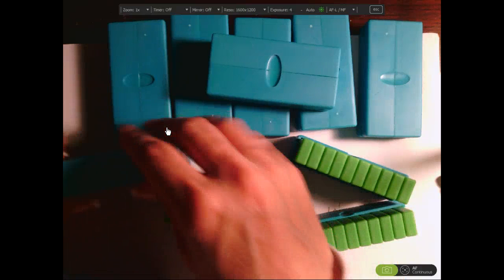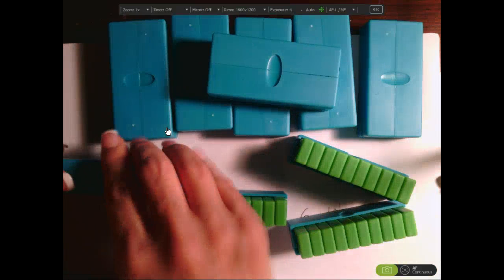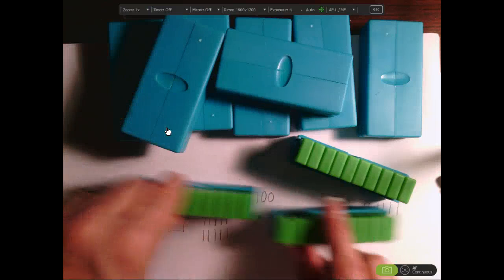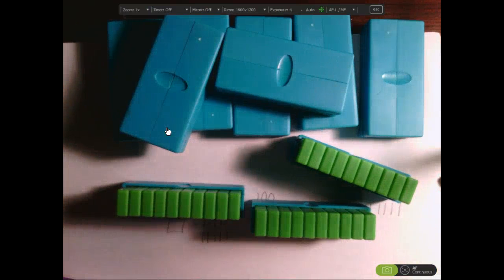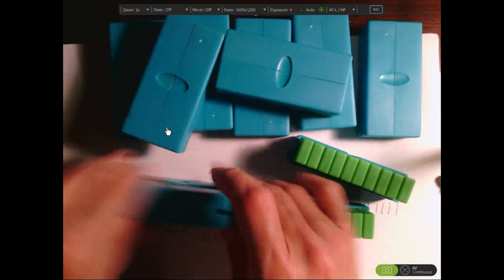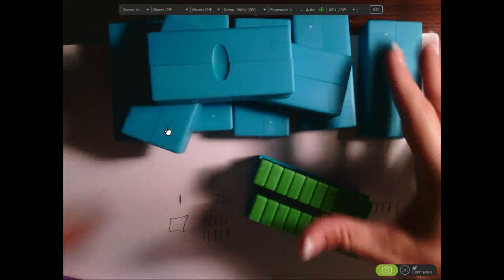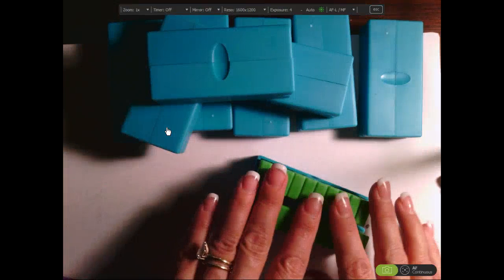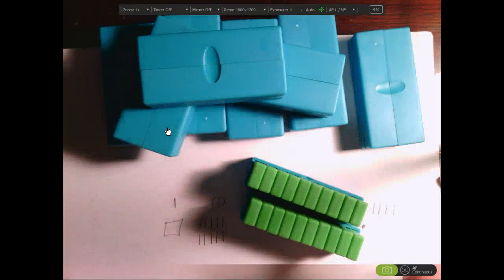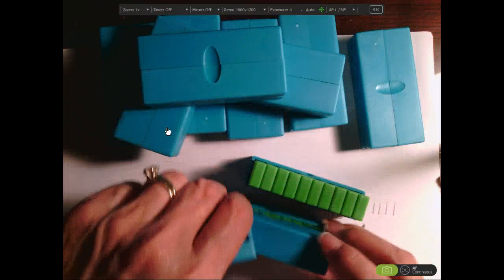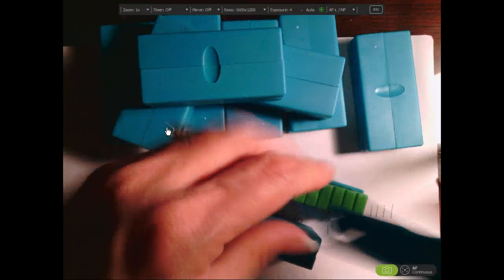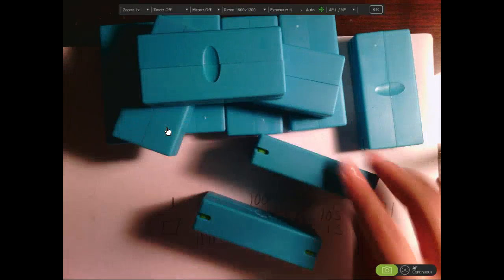But I could continue to change this. I could have more 1s, I could have more 10s, I could have 7 groups of 10 and 30 1s. I could have 80 groups of 10 and 20 1s, or I could have 90 1s and only one group of 10. So there are many, many ways to make 100, and it's possible to regroup and build numbers as you go.